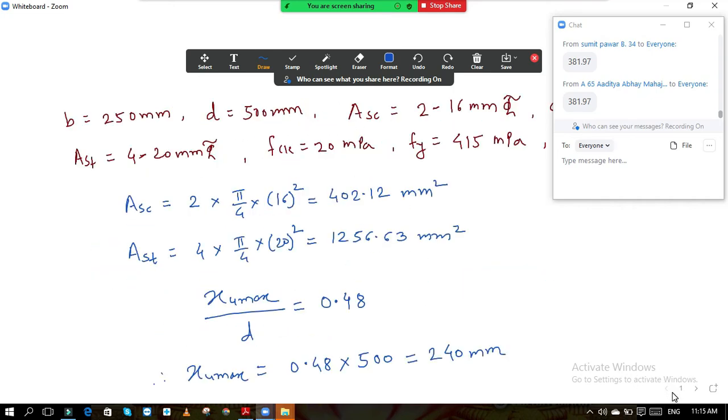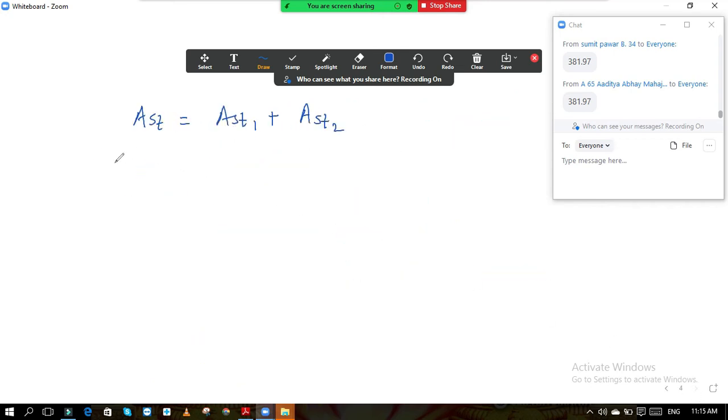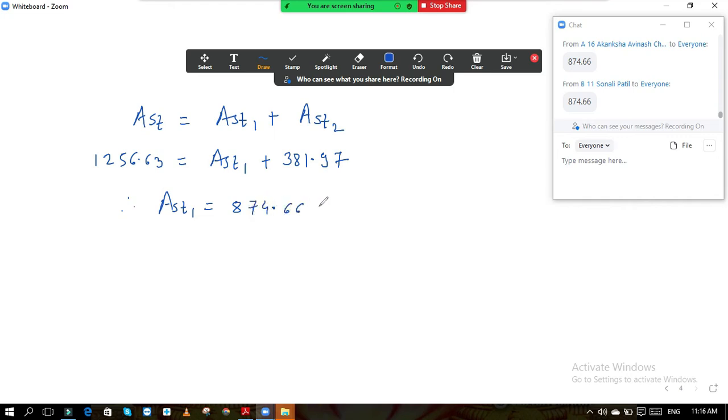It is 1256.63, which is equal to AST1 plus 381.97. So therefore AST1 is 874.66 mm square. Okay, so this is the value of AST1.